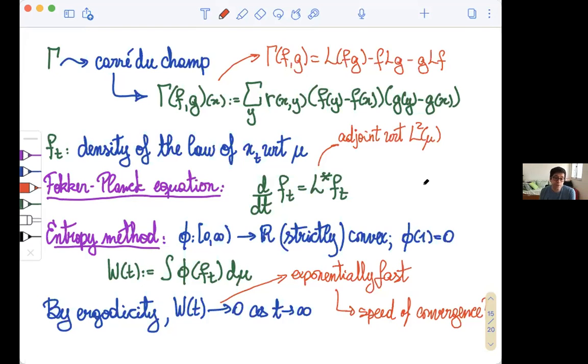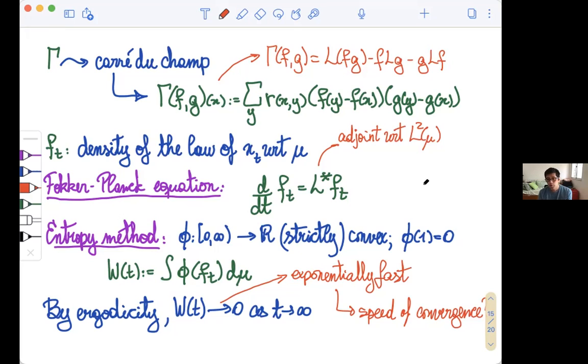And this ft satisfies the Fokker-Planck equation. If you want to look at the evolution of ft, you take the derivative of ft with respect to time. What you get is L star of ft. This is just the Fokker-Planck equation, and L star here is the adjoint of the operator L with respect to the L2 of mu.